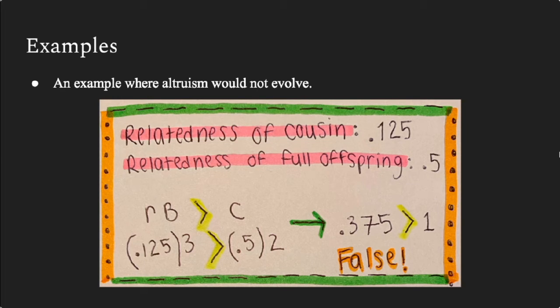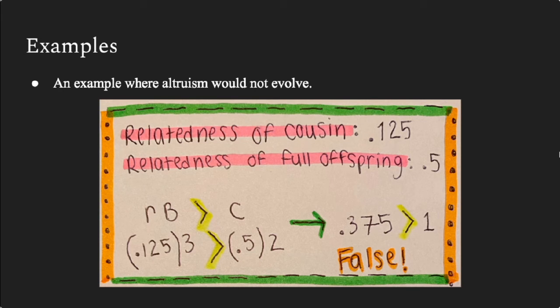Their B would be 3 because that is how many people were saved. 0.125 times 3 equals 0.375. The C would be 0.5 because that is the relatedness of direct offspring multiplied by 2, because that is how many of their children were lost. In this example, altruism would not evolve because 0.375 is less than 1.